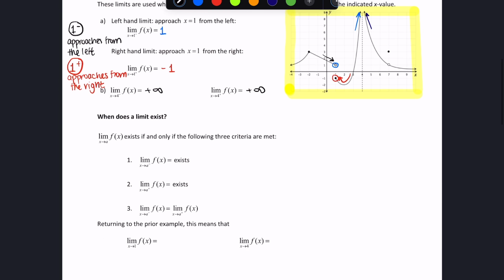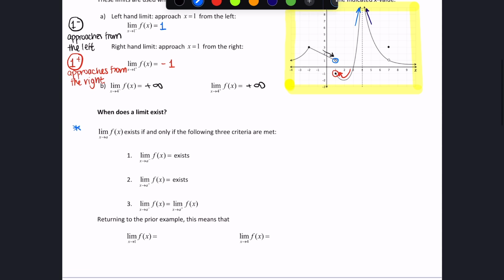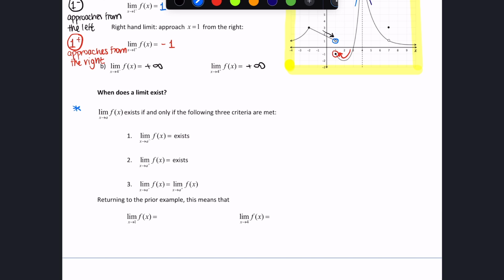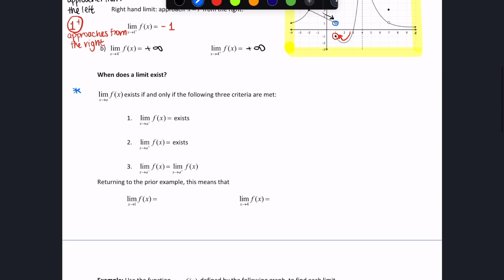So when does a limit exist? There are a few conditions that need to be met for a limit to exist, and this is important. The limit as x approaches a of this function exists if and only if the following three criteria are met. First, there has to be a limit from the left-hand side that exists. There has to be a limit from the right-hand side that exists. So let's write that. The limit from the left-hand side must exist.